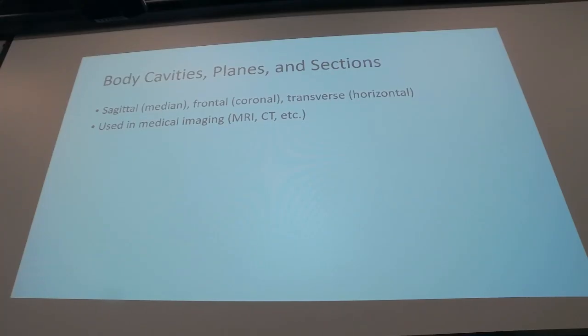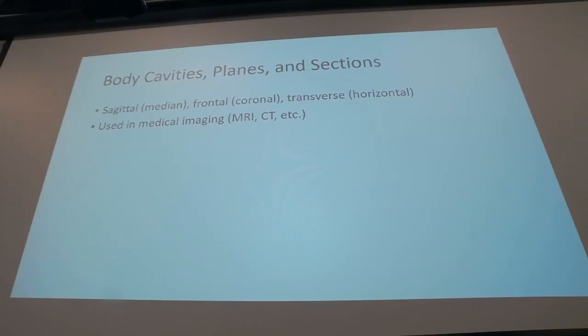Then we have a plane that is called transverse or cross section that runs laterally from left lateral to right lateral. And then we have another section that runs from superior to inferior, but instead of dividing the body in its anterior view, which is the front, what you can see, it just runs on the lateral side.